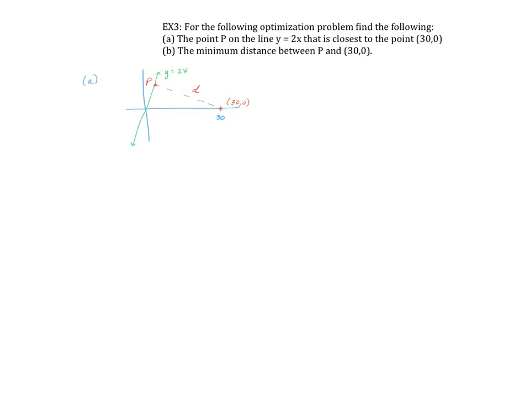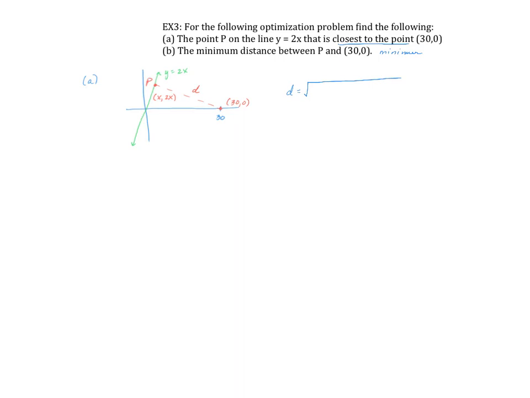Now I'm going to have to figure out how to write my point. So any point on the line y equal to 2x is going to have, for every x value, the y value is just 2x. So that's what my point P is going to look like. I'm going to be minimizing, right, because it's closest. It's going to be a minimum. Minimizing the distance between these 2 points.